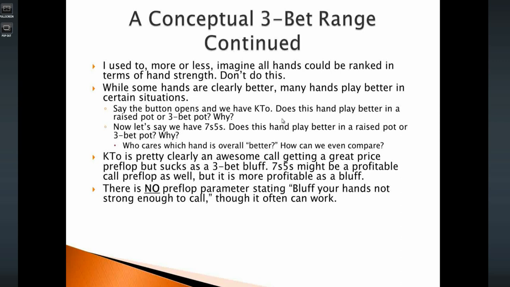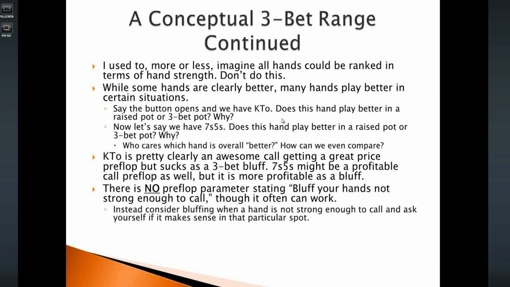But for right now, there is no rule that says bluff hands not strong enough to call, and there's no rule that says if a hand is a profitable call, you should call that and bluff a worse hand. Instead, consider bluffing when a hand is not strong enough to call and ask yourself if it makes sense in that particular spot.